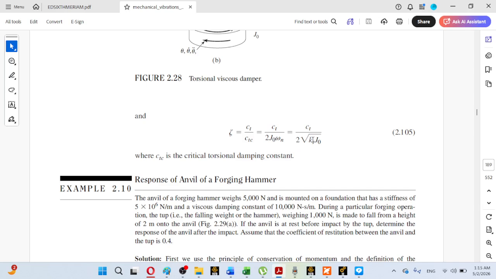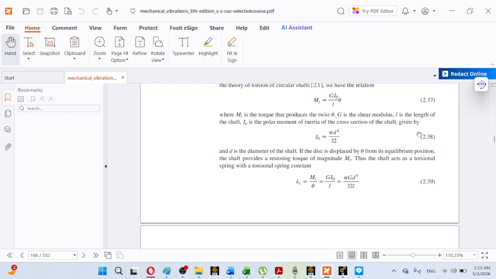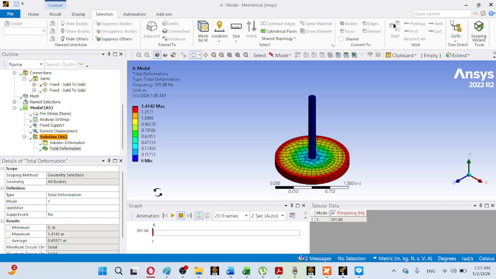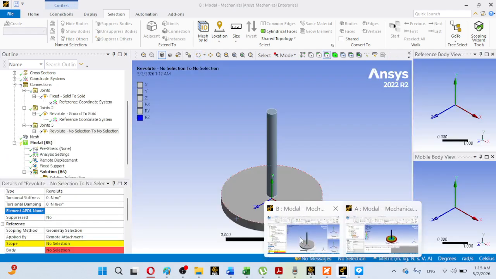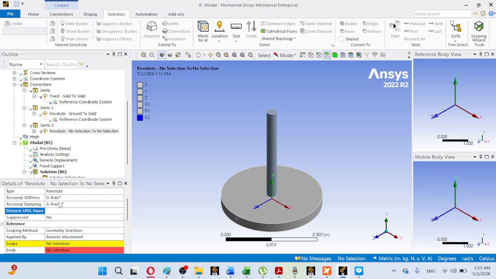In a similar manner, for kt, the default unit from this formula is Newton meter per radian, but in the input here you observe that it is Newton meter per degree.